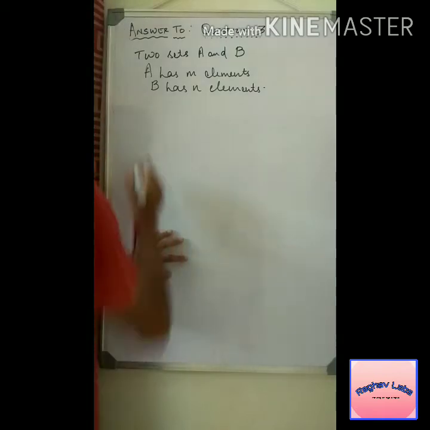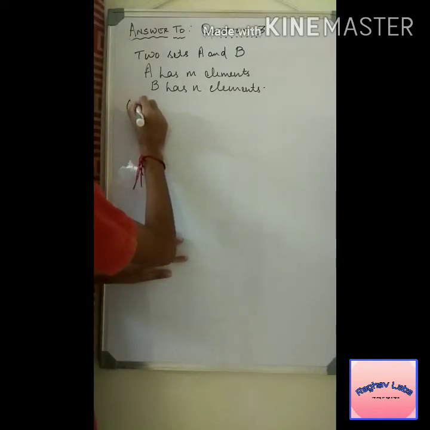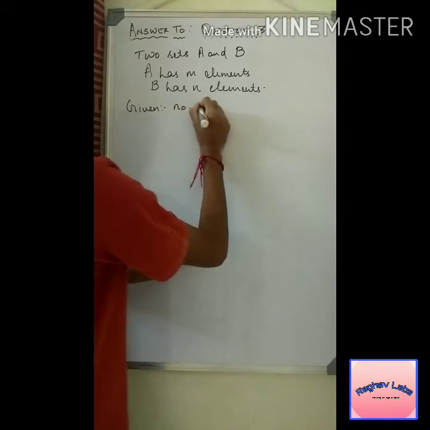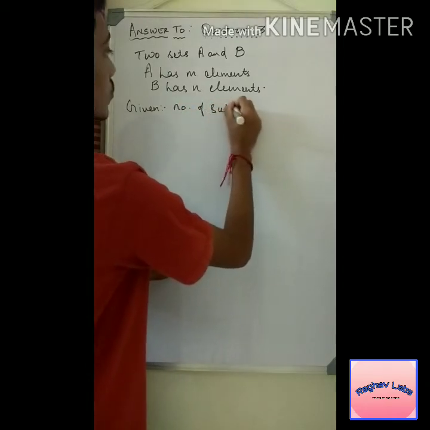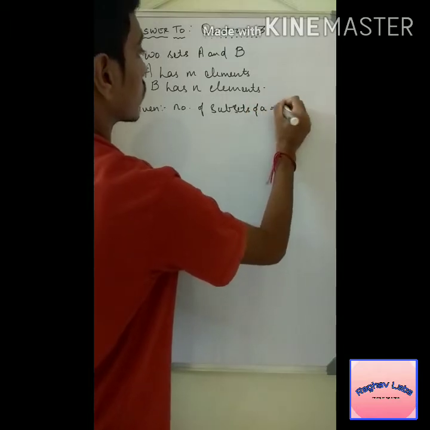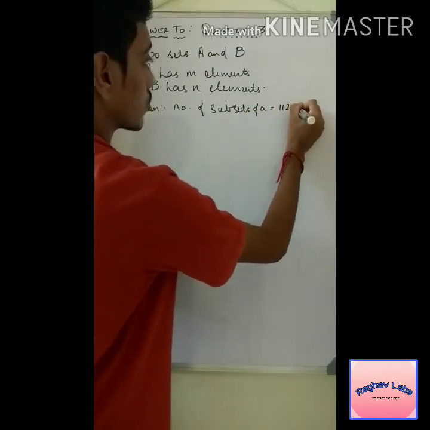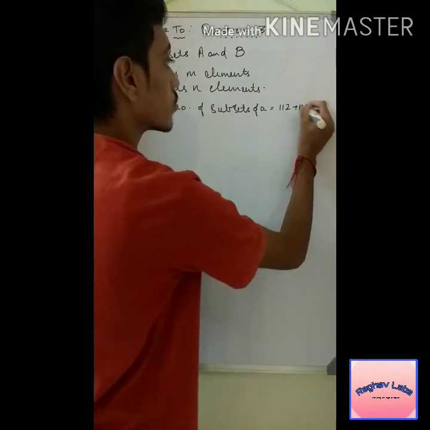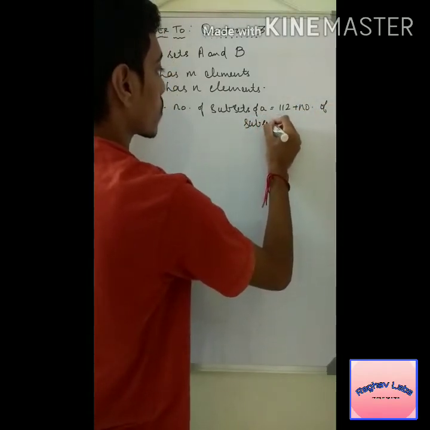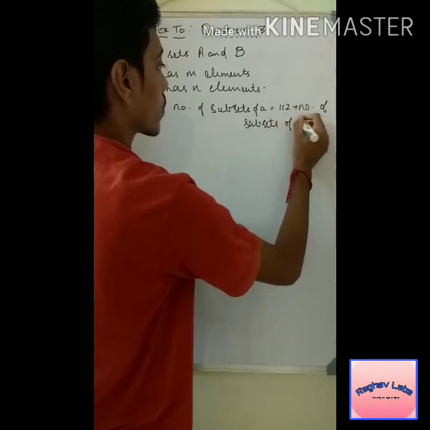We are given that the number of subsets of A is equal to 112 plus the number of subsets of B.